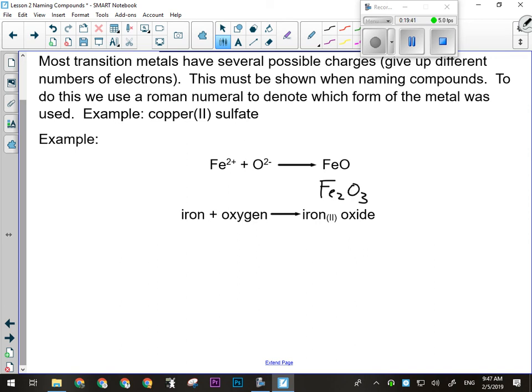If the iron has a 2+ charge, it'll form this compound. If the iron has a 3+ charge, then when we drop and swap, we get Fe2O3. Here's the problem we run into. Those both have the same name. They're both iron oxide. Can that be a problem?